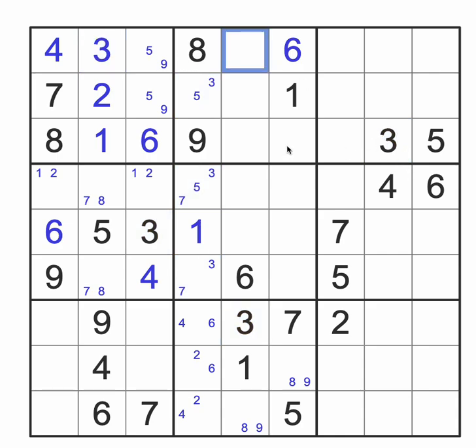This 3 in box 3 blocks these. This 3 in box 8 blocks this cell. So 3 comes in here. That gives me 7 and 5. And this 7 has given me 8, and this is 7. Right. Okay, let's move on.